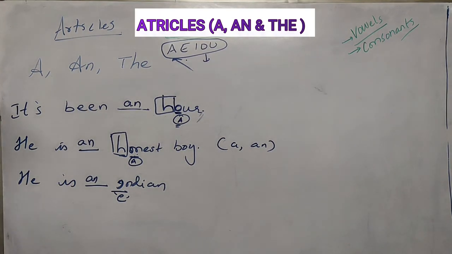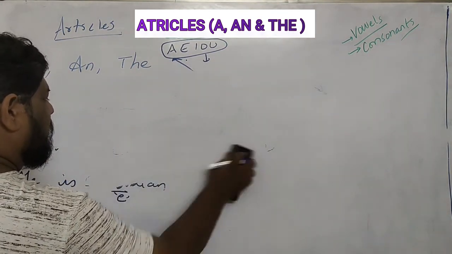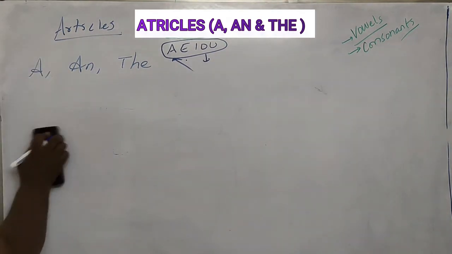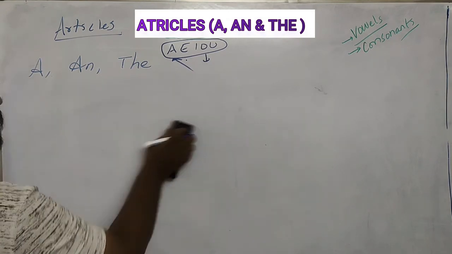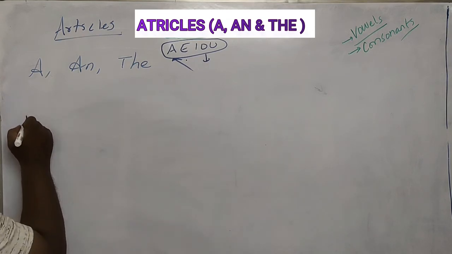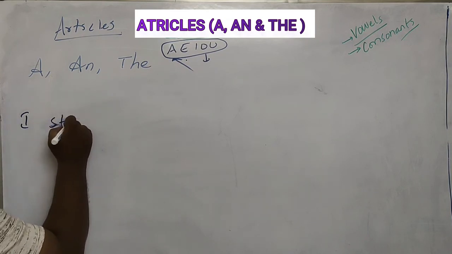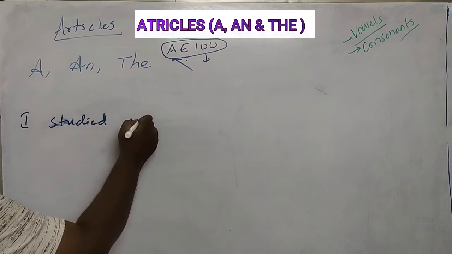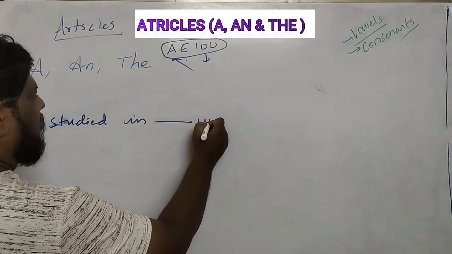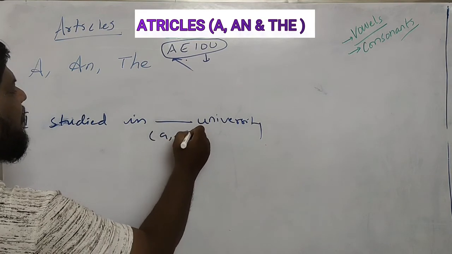Like this, we can have a number of examples using A and "an", right? So now we will take one more example, which is very, very important, okay, which may confuse you and also make you lose your marks. I studied in dash university. I want you to only fill with A or "an".